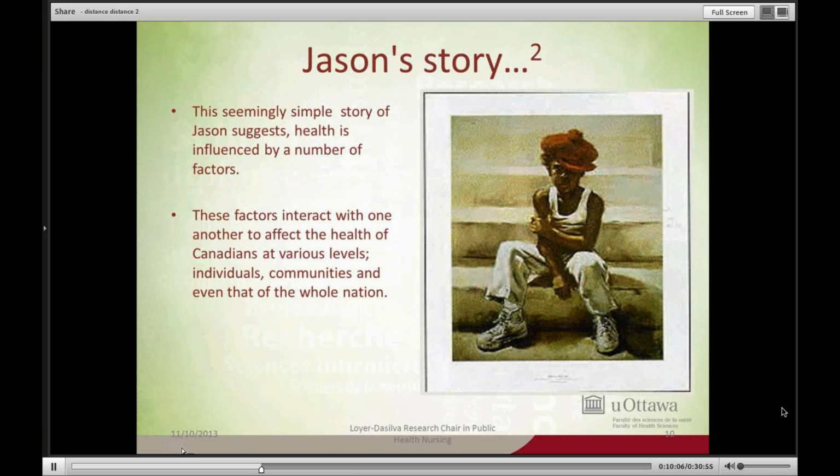So this seemingly simple story of Jason suggests that health is influenced by a number of factors. These factors interact with one another to affect the health of Canadians at various levels: individuals, communities, and even that of our whole nation.